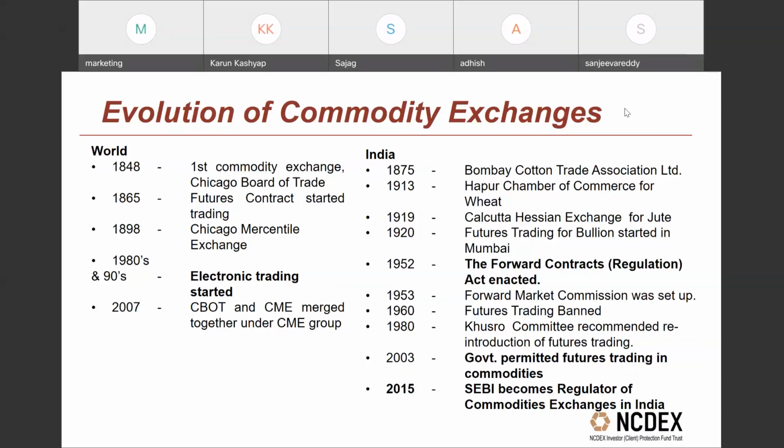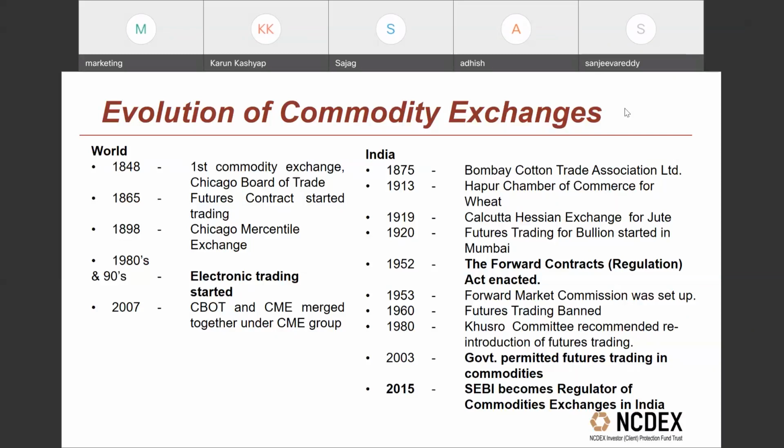But around the 1950s and 60s, futures trading was banned in India because there was a shortfall of agri or essential items at that point of time, and the government decided to ban this trading.